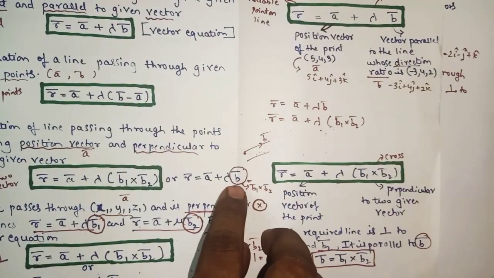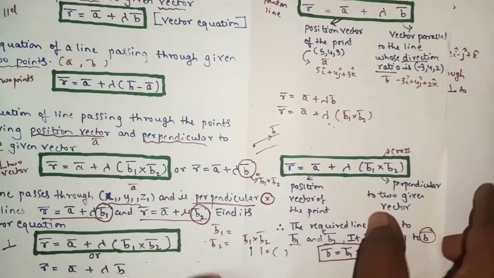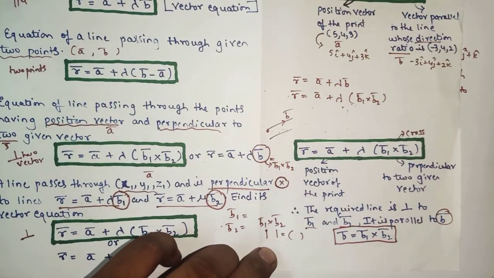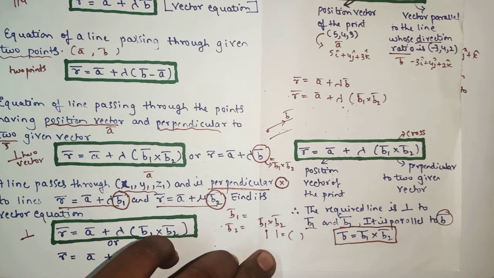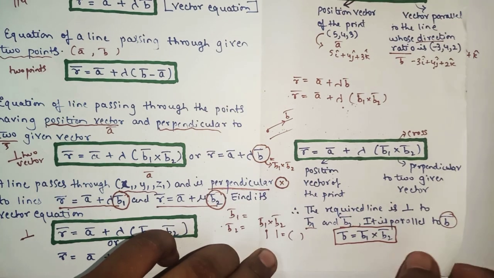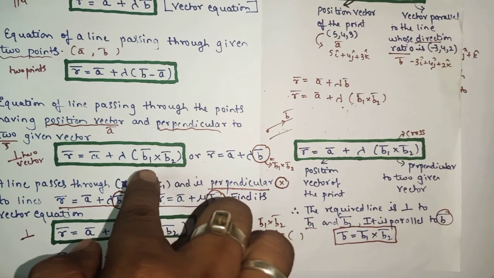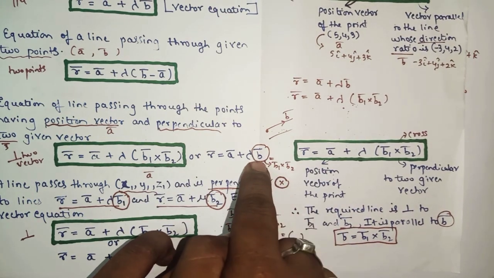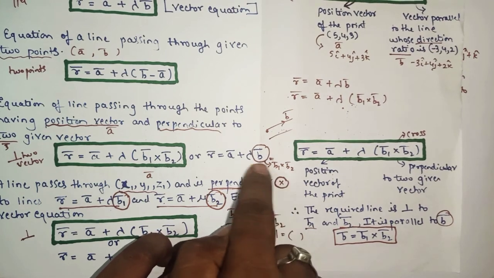Or else you can apply the first formula also, as the required line will be perpendicular to b1 and b2, but it will be parallel to b bar only, so we can use the first one also. In both cases you will get the same answer. Here I replaced b bar with b1 cross b2 because both are equal only.